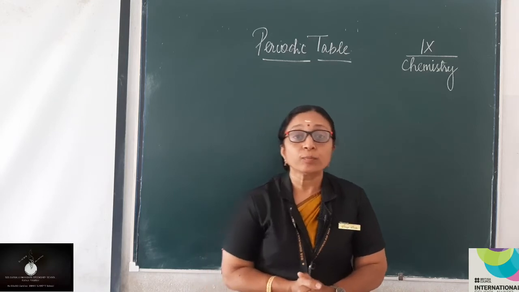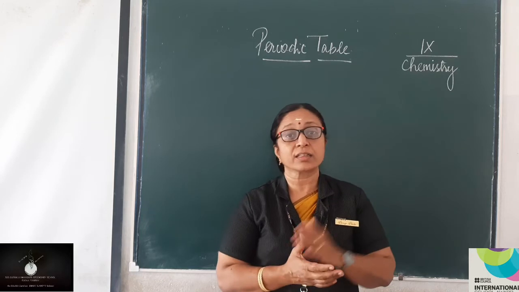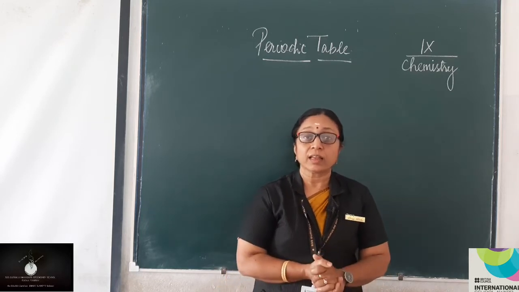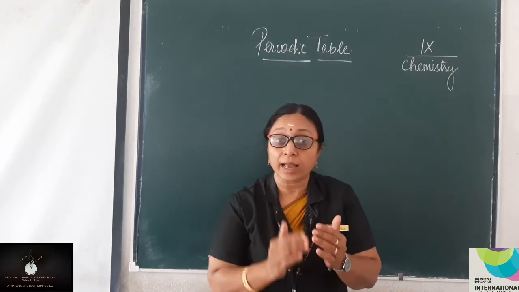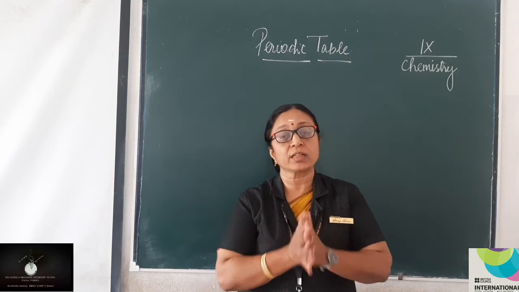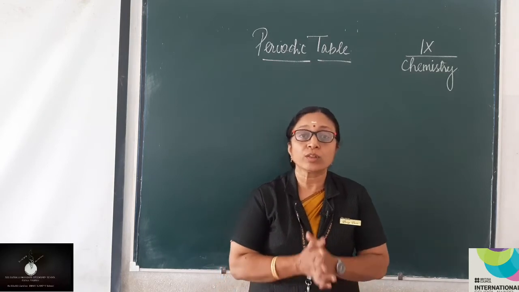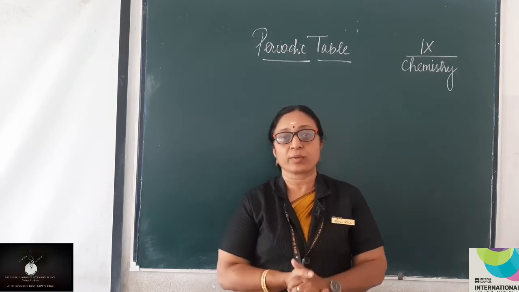So this was Newlands' way of classifying the then existing elements. Again, the limitation was he was not able to categorize elements with higher atomic mass into these groups. So these were the 3 classifications we understood last week.